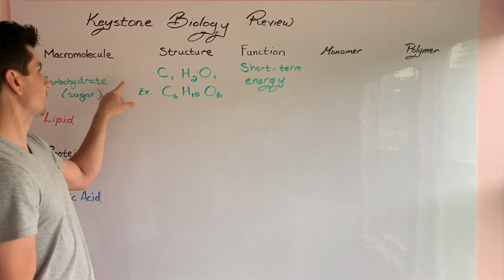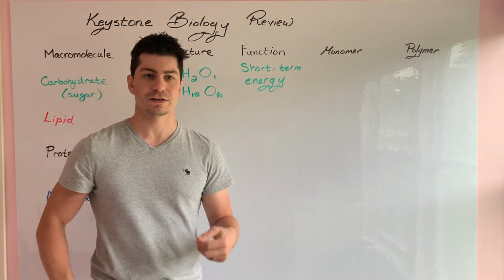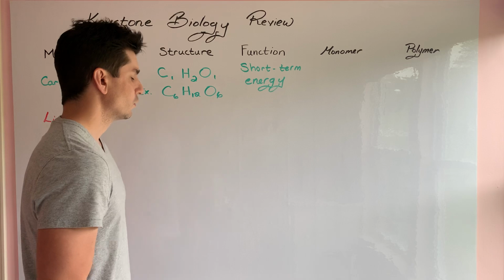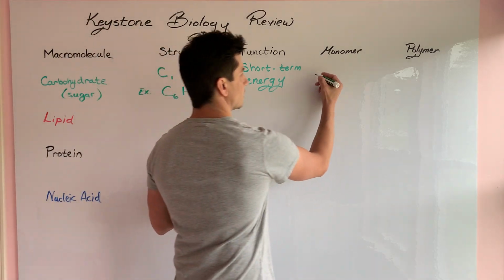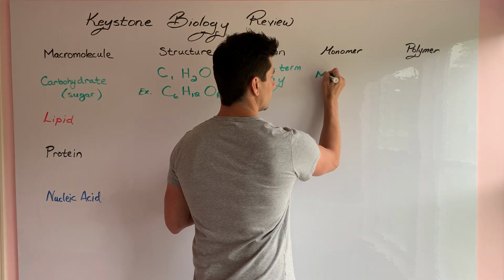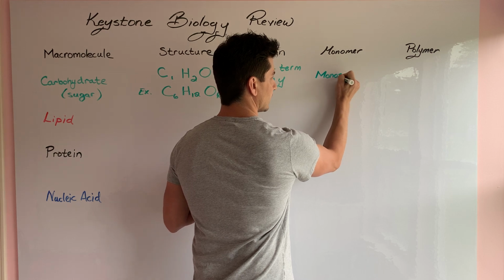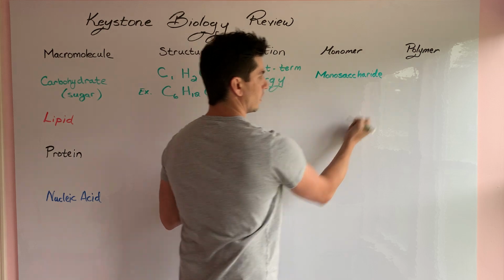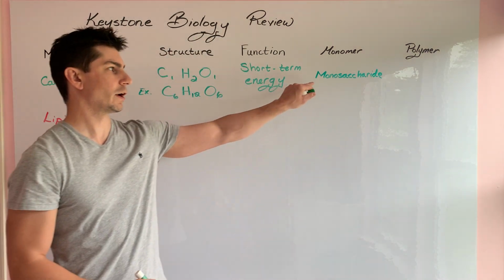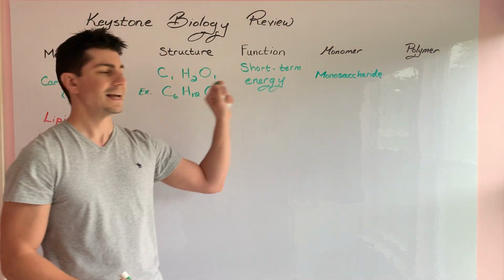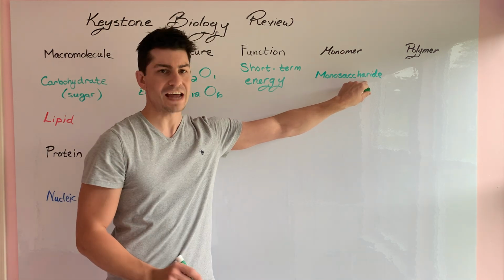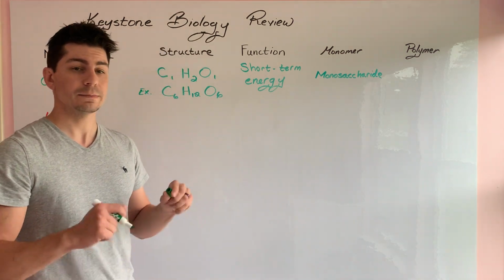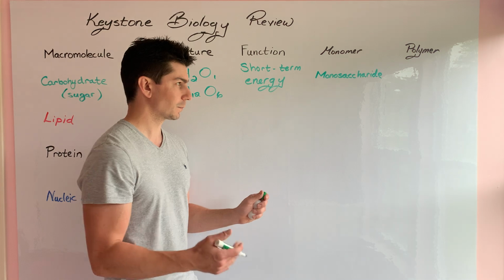So the monomer of carbohydrates is like your individual name, all right? So for carbohydrates, it's called a monosaccharide. Monosaccharide. So that is our monomer of carbohydrates, okay? Anytime you see the root word saccharose in a word, that means sugar. So saccharose means sugar, okay?